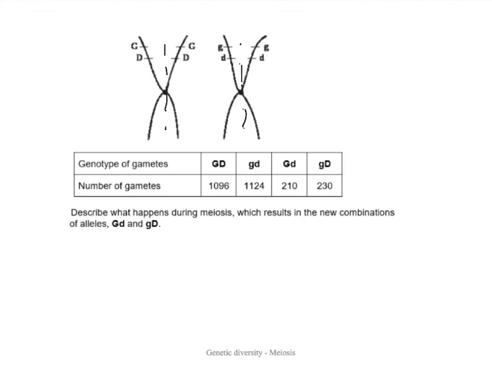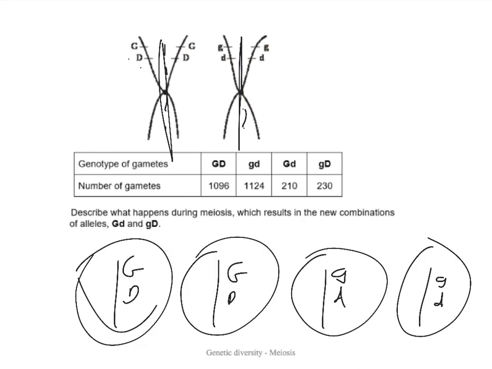So you've got a daughter cell here and a daughter cell here. Normally they would be split, and the chromatids in the second division, so you end up with one daughter cells that either they've only got big G, big D, and other daughter cells have only got little g, little d. Like this. Apologies for my scruffy writing, it's hard on the iPad.